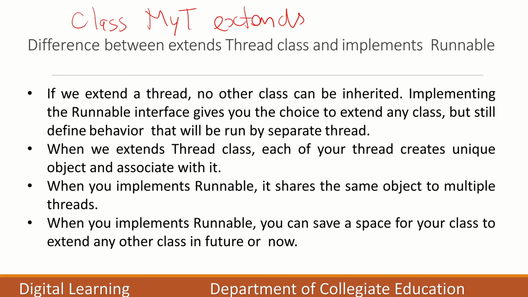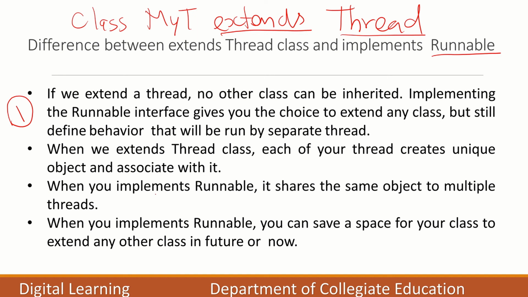If this particular class wants to inherit any other class, it is not possible in Java, because extends can be used with only one class. But if you use Runnable, then a particular class can extend another class, and it can also implement the Runnable interface to create a thread. That is the first advantage of the Runnable interface over the Thread class.